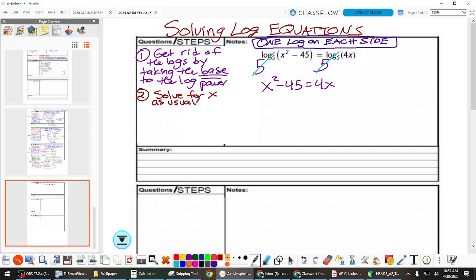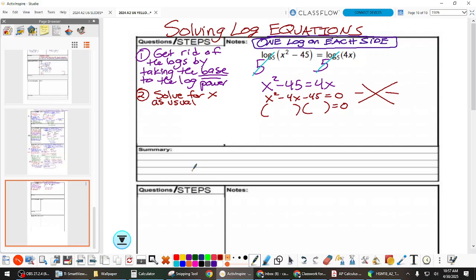But step 3 is going to be our extraneous check. You can draw the star if you want to. But what are our factors going to be? Can you do this one in your head?